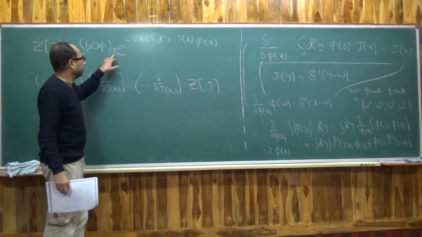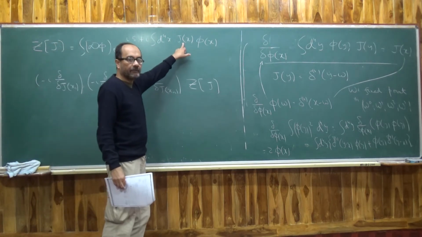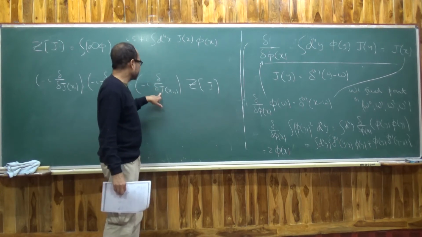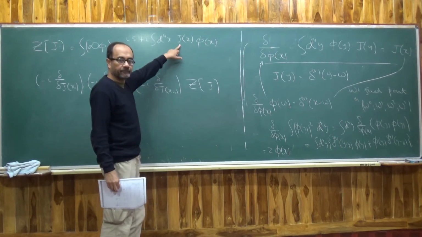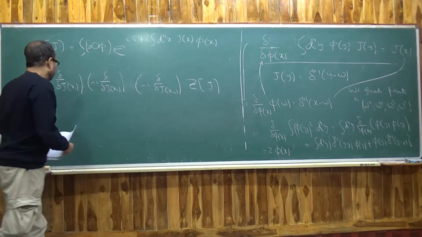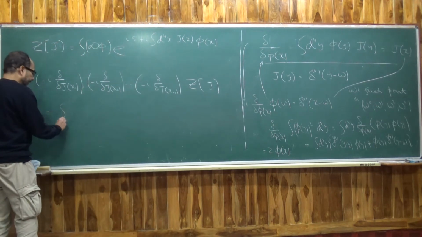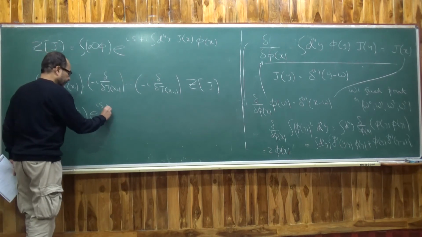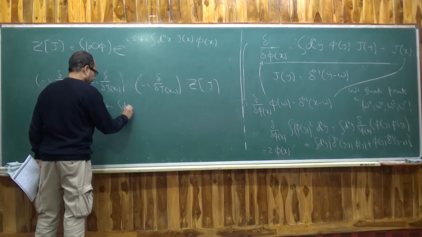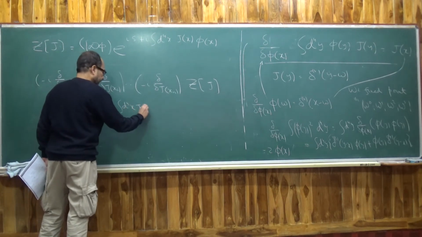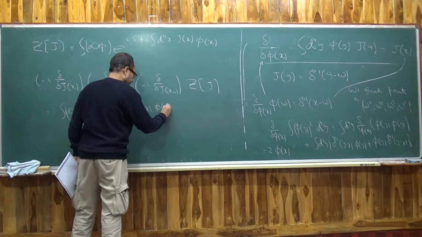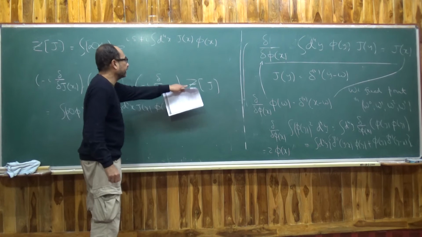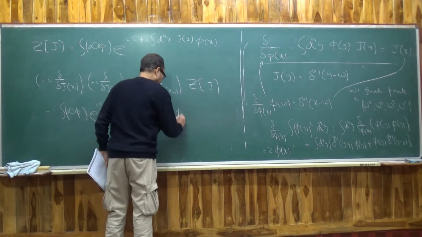This is the only place where J dependence is coming from. So you apply minus i delta/delta J of xn on this. This will generate integral d phi e to the power i S plus i integral d^4x J(x) phi(x), and then minus i delta/delta J of xn will bring down phi of xn.